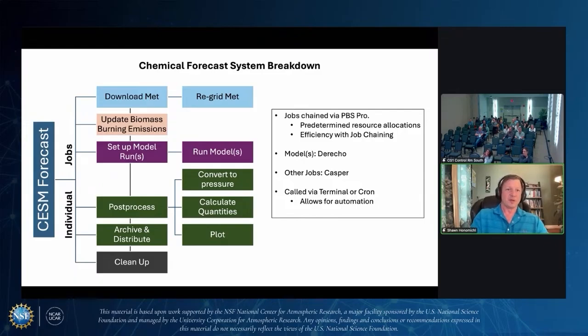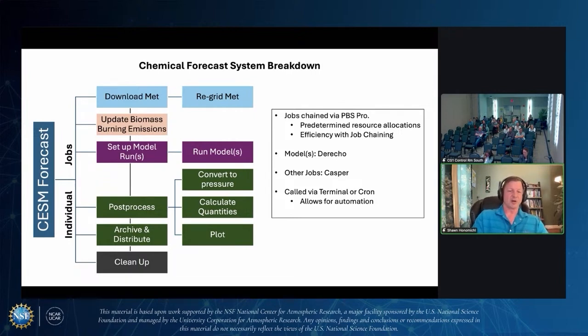And so just some of the individual tasks here, we download and regrid our meteorology. We do our biomass burning emissions with QFED or FIN and update those emissions. We set up the XML files automatically in the software to run the model and then run it.